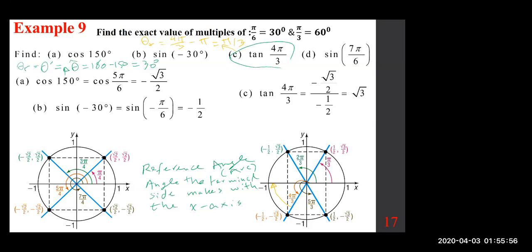Because tangent is the ratio of sine and cosine. Sine and cosine are both positive in the first quadrant and both negative in the third quadrant. Now, sine of 7 pi over 6, we want to discuss that. You see where we end up. If you're looking at sine of 7 pi over 6, which quadrant is that, class? Can anybody tell me?